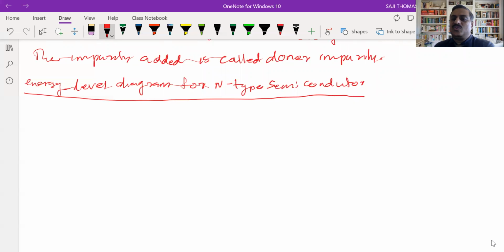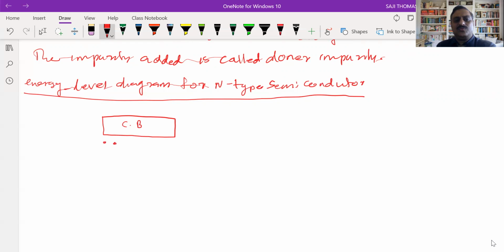The donor electrons have energy slightly less than the conduction electrons. You know, conduction electrons are free electrons. So these donor electrons form an energy level just below the conduction band. This is the conduction band, CB.